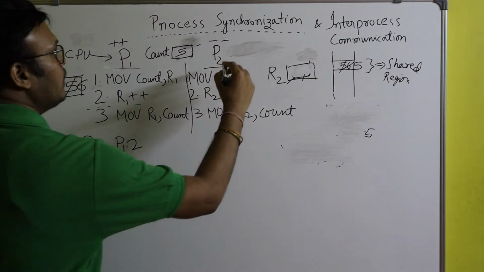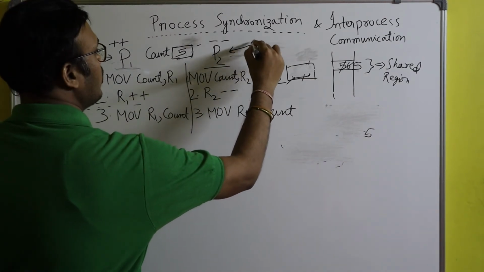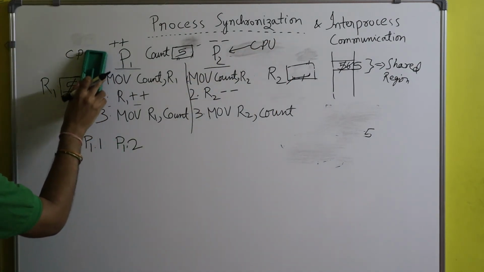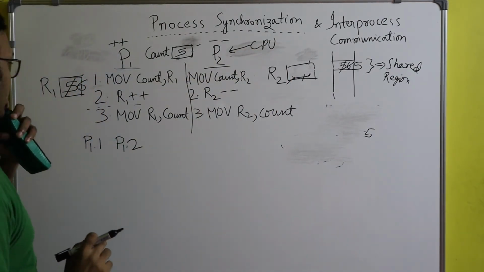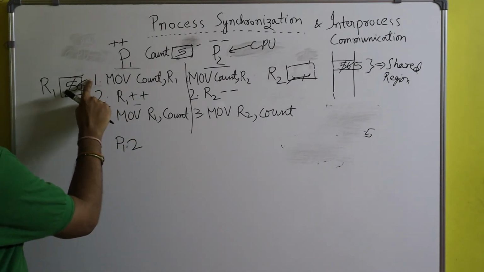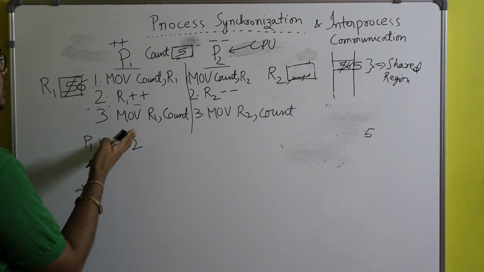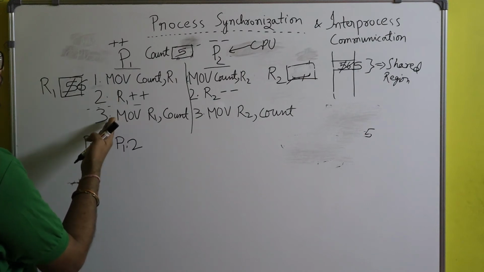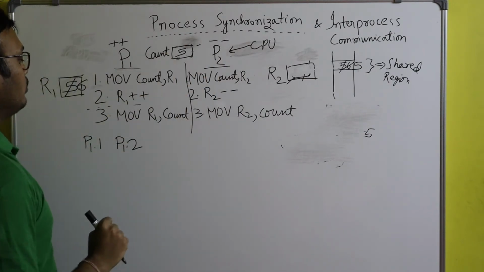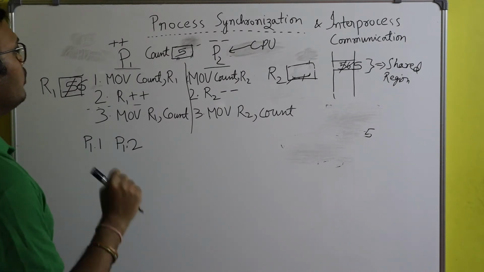Now you see the CPU is with process P2. So I repeat: process P1 executed its first line and second line, and before it could execute its third line, interleaving happened and the CPU was given to process P2.